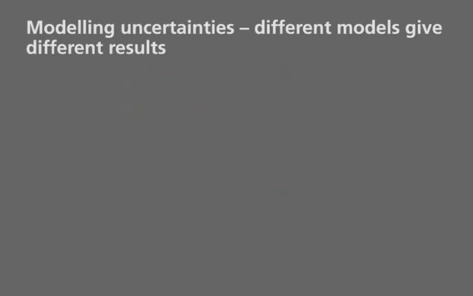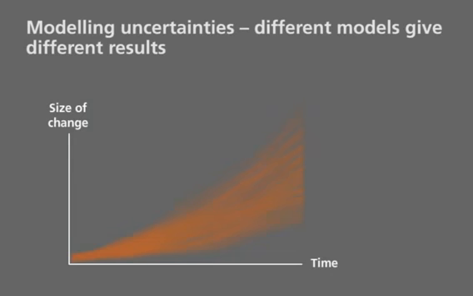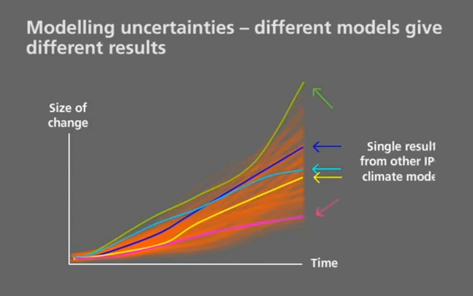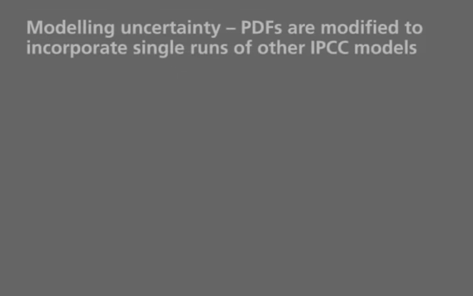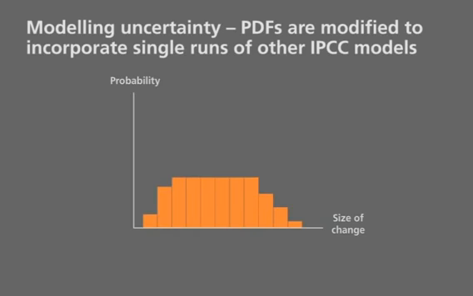Other climate models are based on single runs rather than the multiple run approach adopted by UK CP09. So the results of these single runs are incorporated into the results of the UK CP09 modelling process. And here we can see that some of these results increase the overall range for UK CP09. Incorporating the results of these other models has the effect of modifying the shape of the PDF.